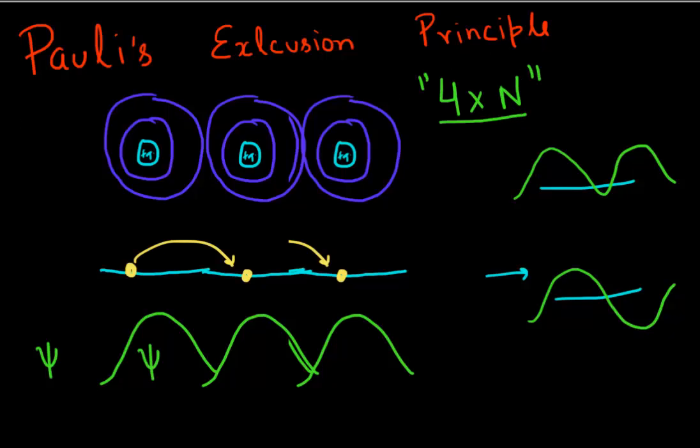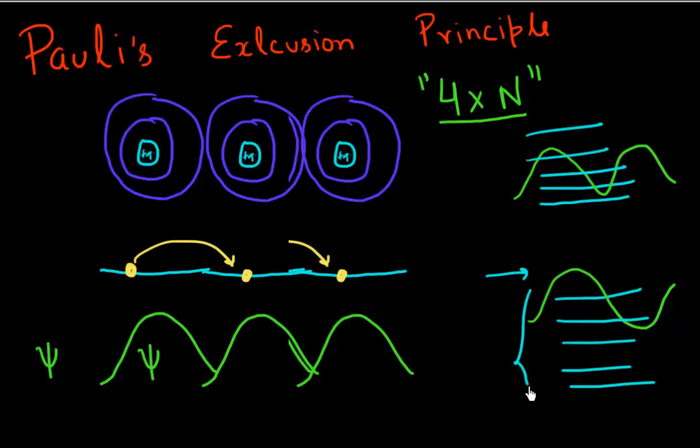If this was the case for 2 atoms, you'll see two of these states. If this was the case for 4 atoms, you'll see 4 of these states. Similarly, if you had the case of these n atoms, you'll see 4n of these states. So we could say 2n of them over here, and 2n of them over here. So we are already seeing that instead of having these discrete states, we are now getting multiple of these states.